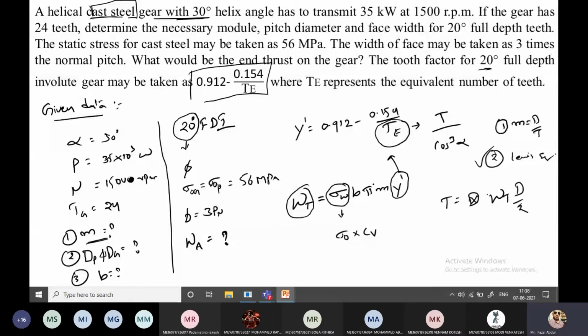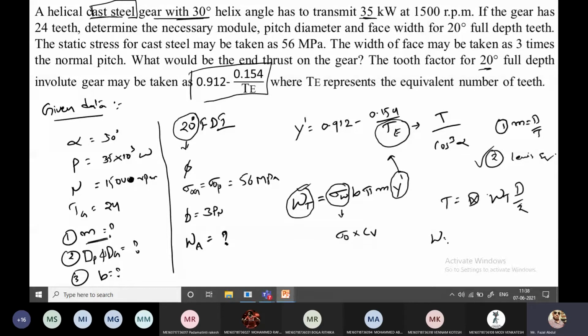Now here we are applying the Lewis equation to gear or pinion. Both are made of the same material, but the problem particularly mentions a helical cast steel gear with 30 degrees helix angle transmitting 35 kilowatts. So I am applying this equation to the gear material. One by one, I am calculating Wt first.